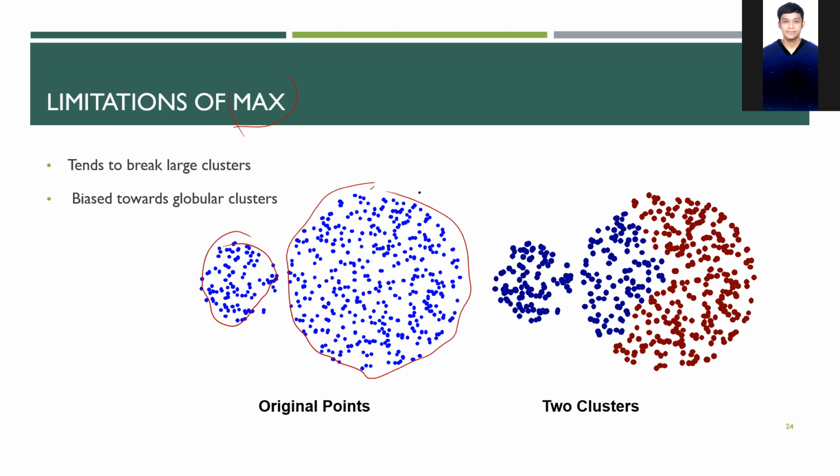In that case, maybe the result will be like this, so the bigger cluster is divided into two clusters. It is also biased toward globular clusters, a little bit similar to k-means.